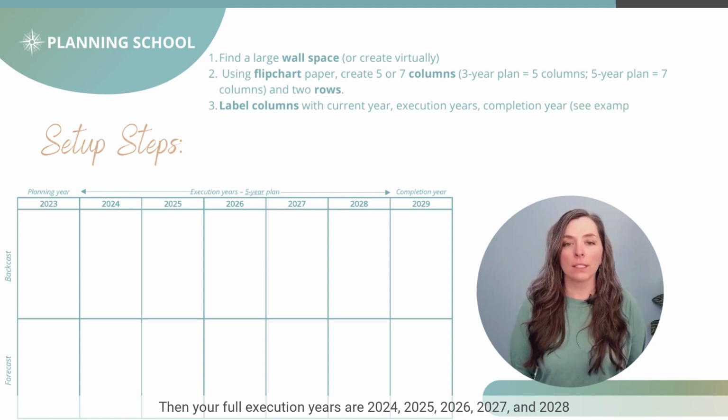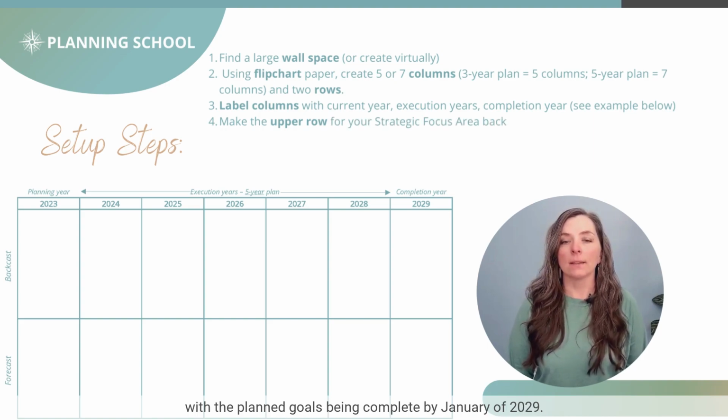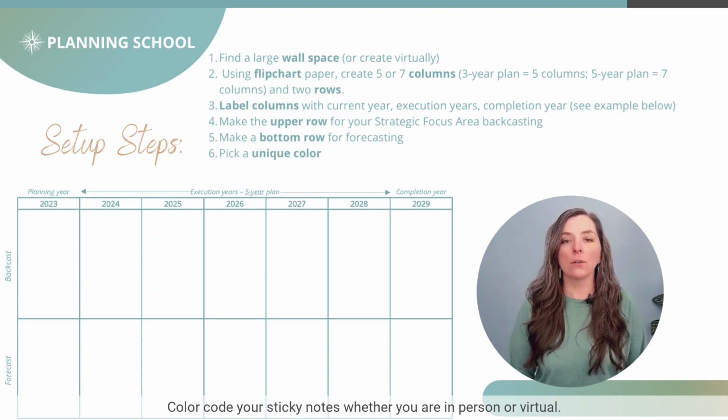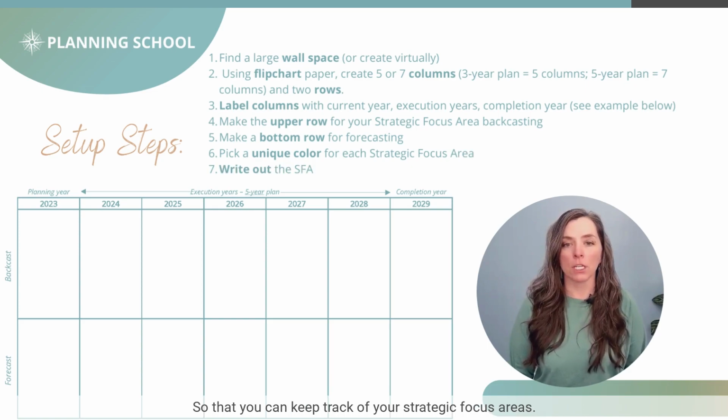Then your full execution years are 2024, 2025, 26, 27, and 28, with the plan goals being complete by January of 2029. Color code your sticky notes, whether you are in person or virtual, so that you can keep track of your strategic focus areas.